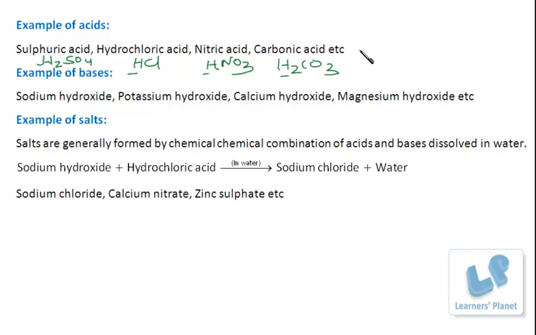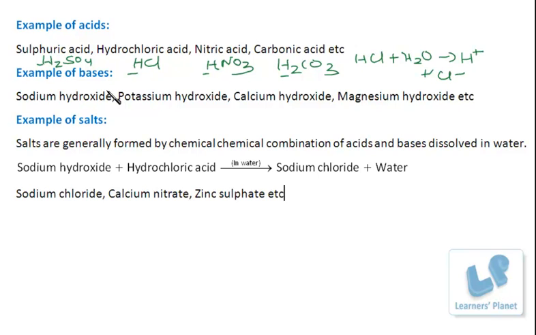When they get dissolved in water, say HCl, when it is dissolved in water, it gives out H+ ions and Cl- ions. You don't have to go into these details. I'm just telling you for the sake of knowledge. That's it. So acids give H+ ions in solutions.